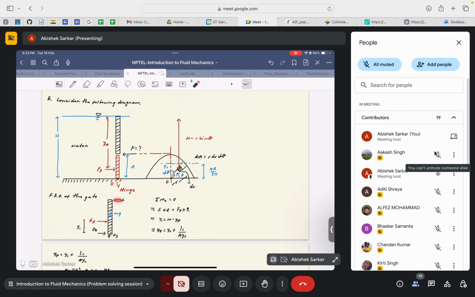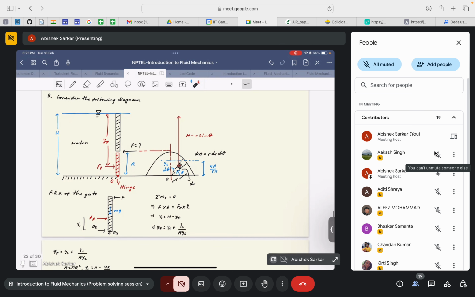And the pressure forces, because of the water contained in this structure, act on the gate in the positive x direction through the center of pressure.